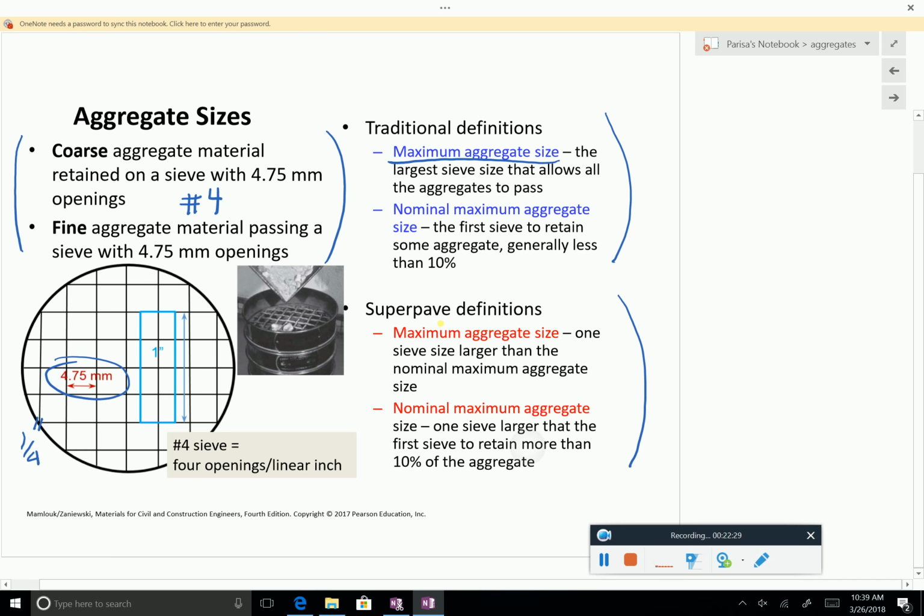This is Superpave, for asphalt concrete design. The name suggests Superpave for pavement. For example, maximum aggregate size is 1 size larger than the nominal, and the nominal is here.